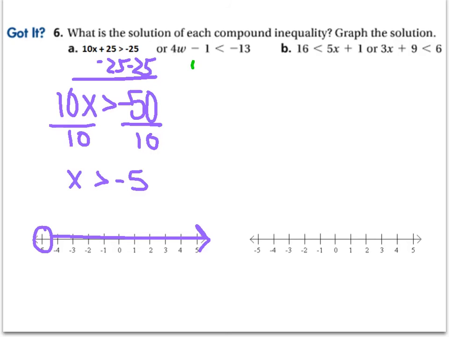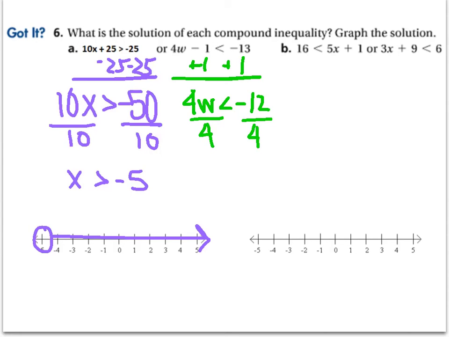And then on the other side, I'm adding 1 to both sides. 4y less than -12. So w is less than -3. What's your solution to this inequality?